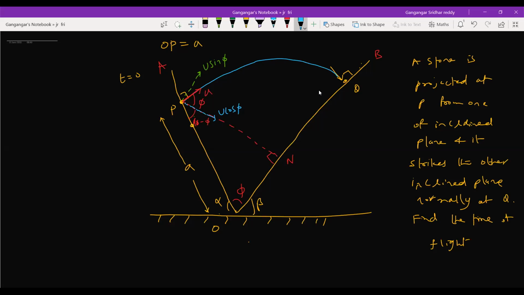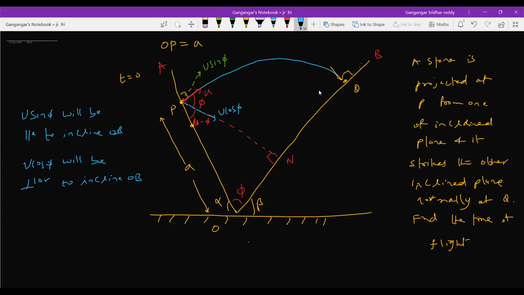So I just made a diagram like that. U sine phi will be parallel to incline OB. U cos phi will be perpendicular to incline OB. Okay, fine. These are the things.